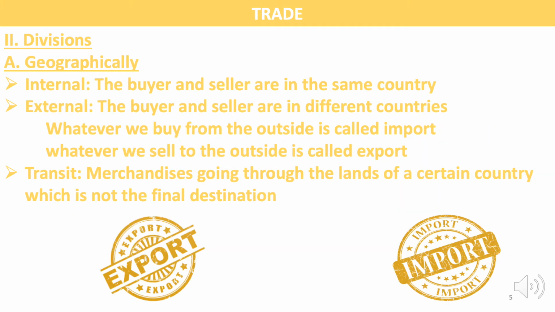Divisions of trade are regarded to be five. First one is geographical. We have internal, external, and transit. The internal trade is when the buyers and the sellers of a product are located in the same country.